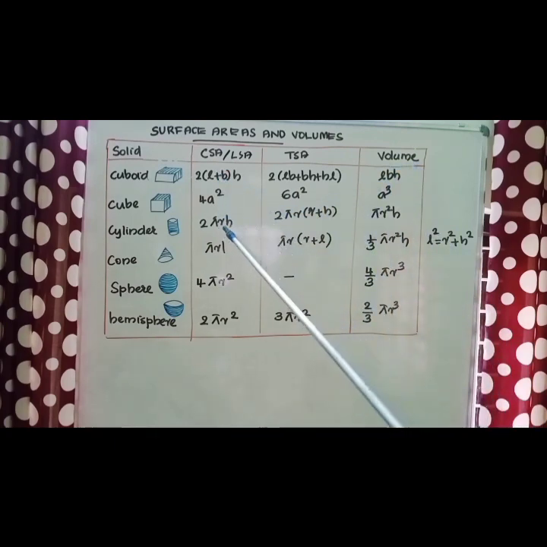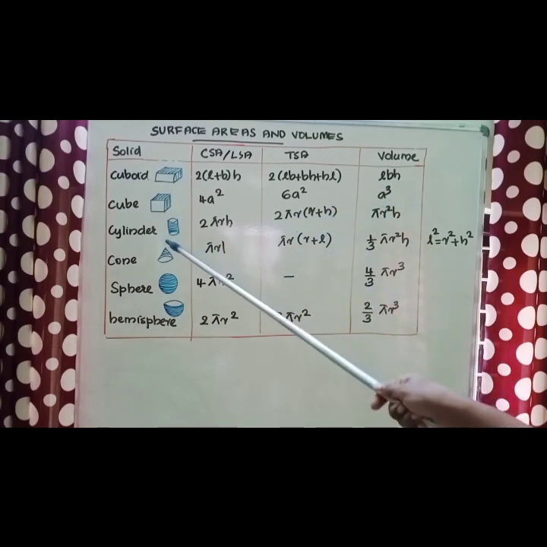Cylinder CSA 2πRH, TSA 2πR(R+H), volume πR²H, where R is the radius and H is the height. Cone CSA πRL, TSA πR(R+L), volume 1/3 πR²H, where R is the radius, H is the height, L is the slant height.